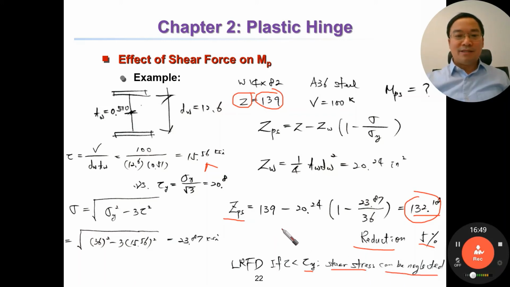Okay, it means in LRFD design, if tau smaller than tau y, we have tau y here, and you can calculate tau using this equation. And if it is smaller than tau y, then we can neglect the shear stress effect and just use Z. Okay, original plastic section modulus.